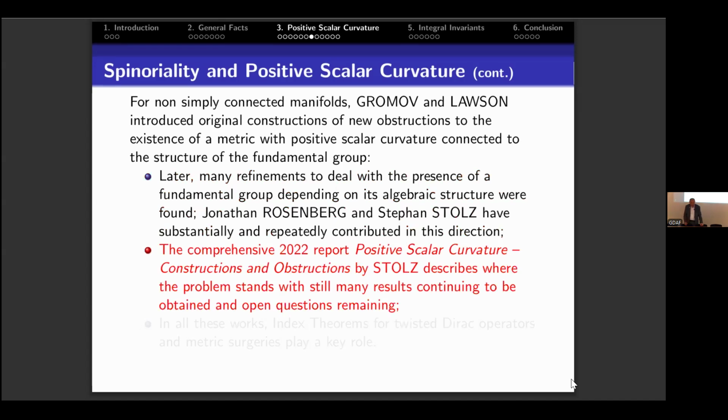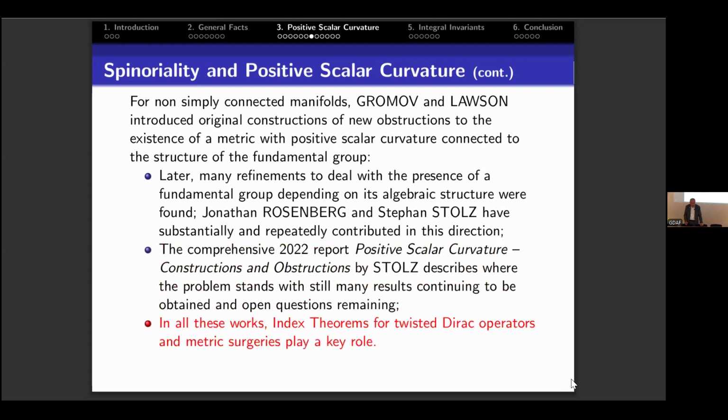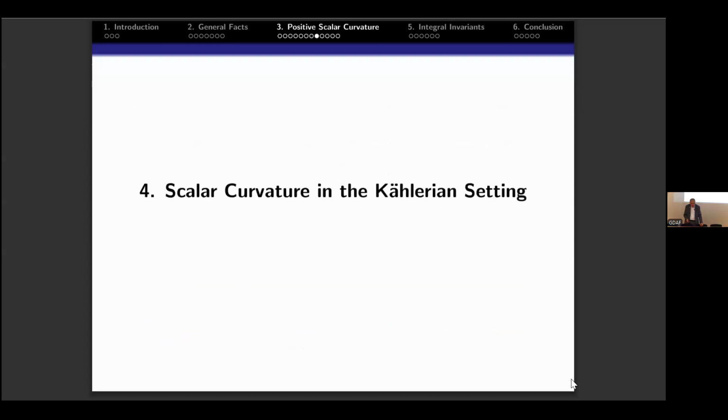And as I said, the comprehensive 2022 report by Stolz describes where the problem stands, with many results depending on the algebraic structure of the fundamental group. So it's a very subtle interplay between algebraic properties of the fundamental group and the existence of positive scalar curvature. In all these works, the techniques are basically either twisted Dirac operators or metric surgery. These are the key tools to deal with these problems.